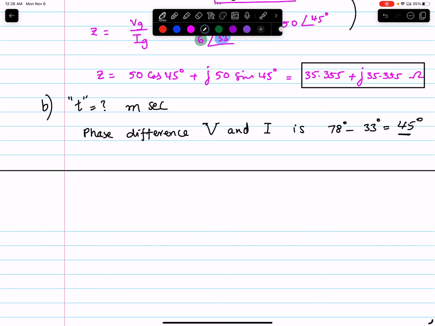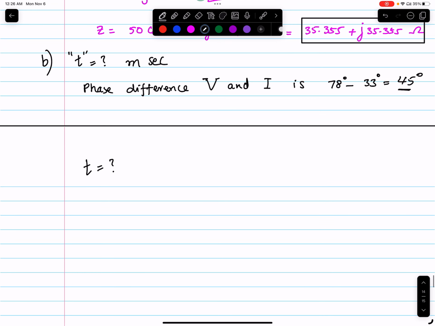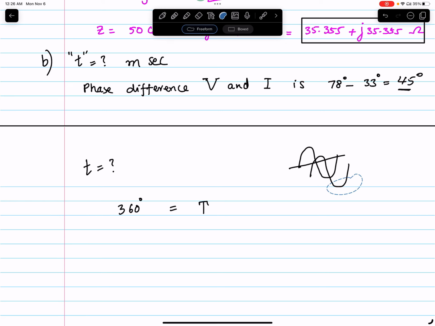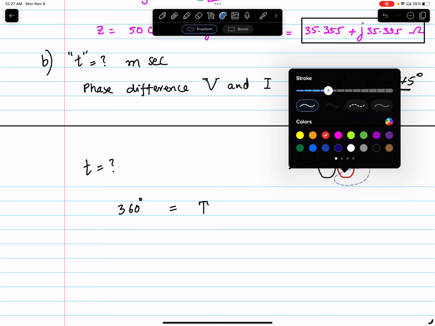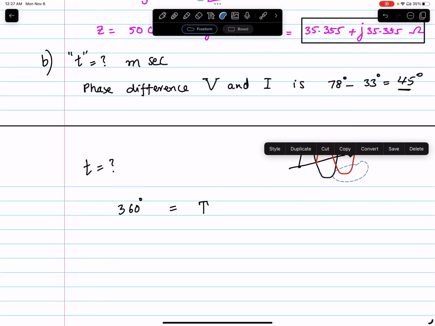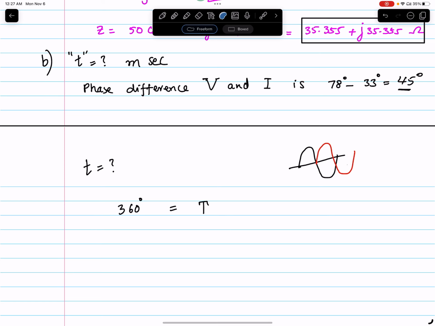But we are asked to calculate the phase difference in terms of time t. The idea that we use is, if the two waves, voltage and current, are out of phase by 360 degrees, that amounts to one time period. Say this is your voltage, and then I duplicate it in a different color. If this is the case, they're out of sync by 180 degrees.